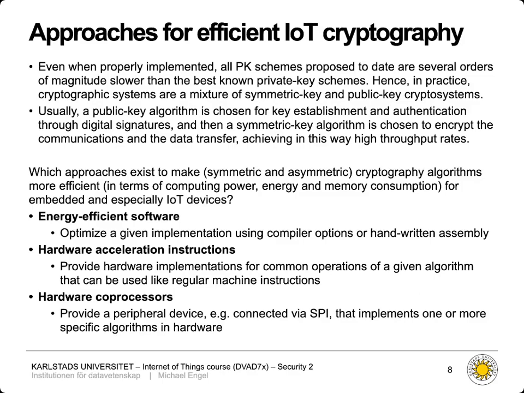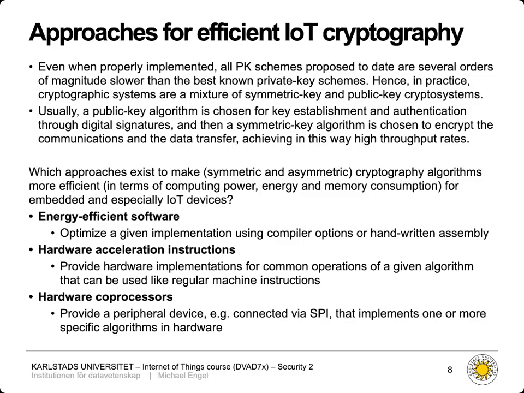Now, the question is really which approaches exist to make symmetric as well as asymmetric cryptography algorithms more efficient. And again, we need to consider our non-functional properties like computing power, energy, and memory consumption for our IoT use case. Here we have different approaches. One is we try to optimize the implementation in software of our cryptographic algorithm.